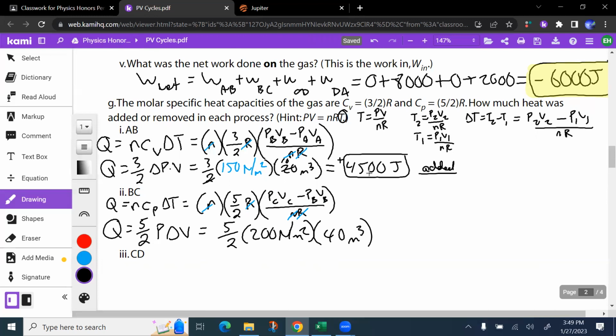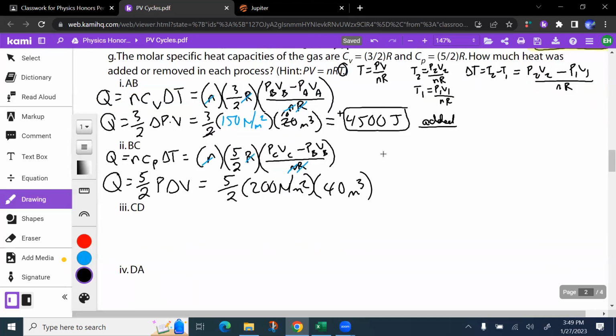It went from 20 to 60, so the change in volume is 40. Let's compute that out. Half of 40 is 20. 200 times 5 would be 1,000. 1,000 times 20 would be 20,000 joules. Again, since the answer is positive, heat is being added in this process.